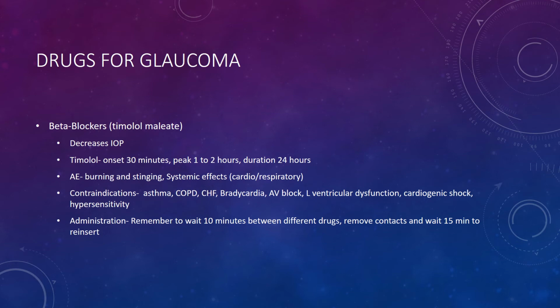If they're on a beta blocker for their blood pressure or heart, then we might need to use something different here. Evaluating effectiveness would be measuring that IOP and it being within normal limits, less than 21. And of course, we have to teach the client about administration.